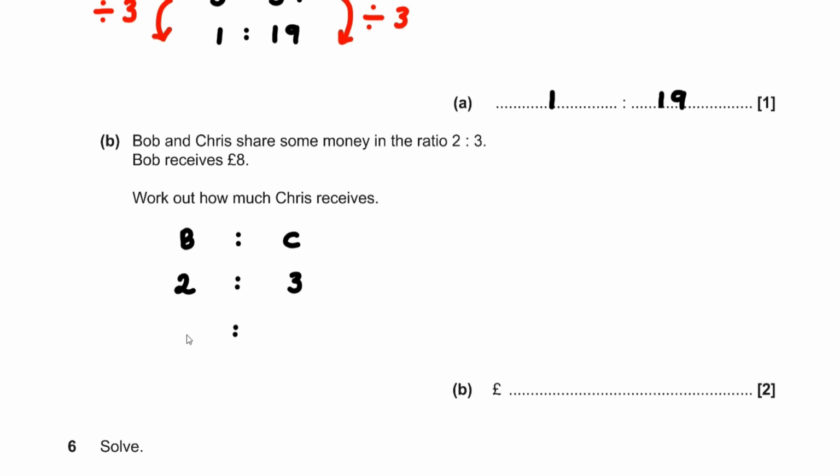We know Bob receives £8. To go from 2 to the 8, we multiply by 4. So I would also have to multiply the 3 by 4, leaving me with 12. Chris receives £12.